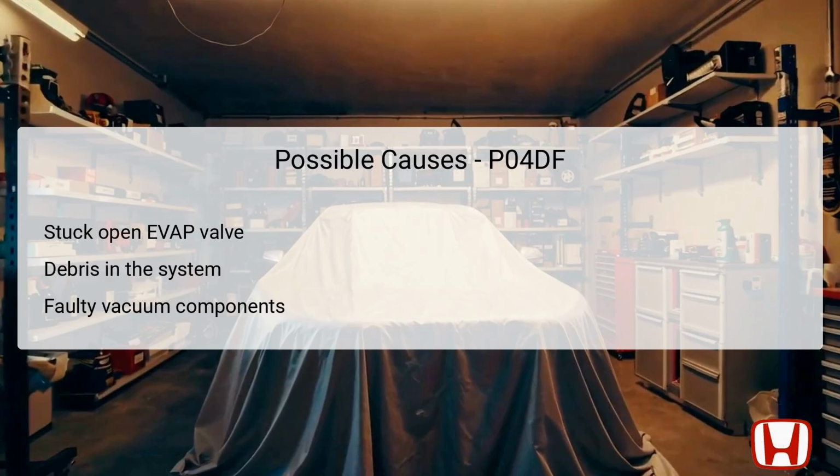Another potential cause is faulty vacuum components, which can cause pressure imbalances within the system, leading to high purge flow detected. Each of these issues should be carefully evaluated during the diagnostic process, as they significantly affect the performance of the EVAP system and can contribute to excessive emissions or engine performance issues.